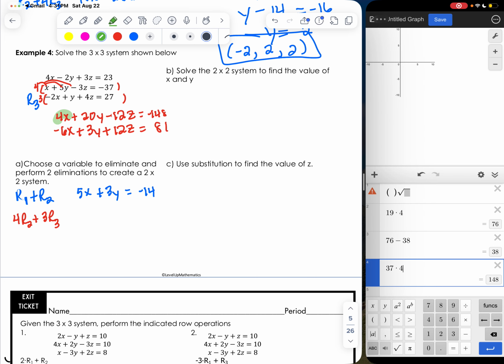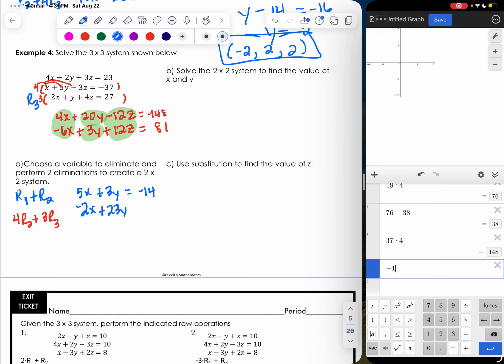So I'll combine 4x and negative 6x to get negative 2x. Then I'll combine 20y with 3y to get 23y. The z's will eliminate, and then I'm going to combine negative 148 with plus 81, negative 67.